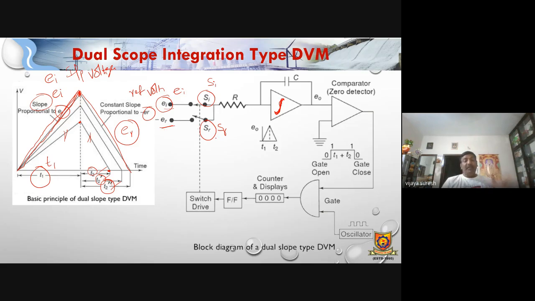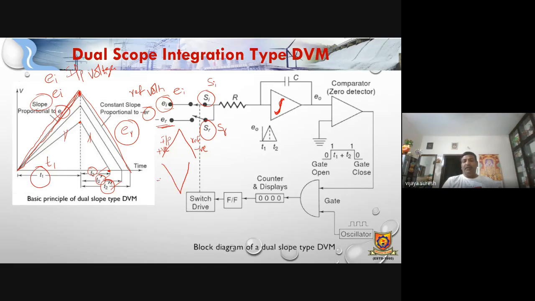If you are measuring a negative voltage, then we take the input voltage negative and the reference voltage positive, because here we have both an increasing ramp and a decreasing ramp. If you take the input value positive, the reference voltage is negative. If you are taking a negative voltage as input, it looks like this.